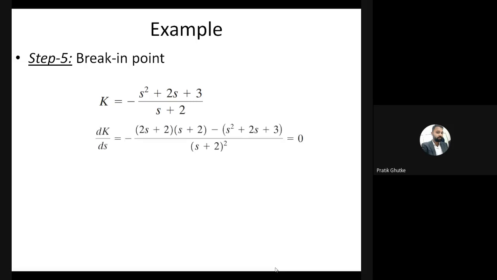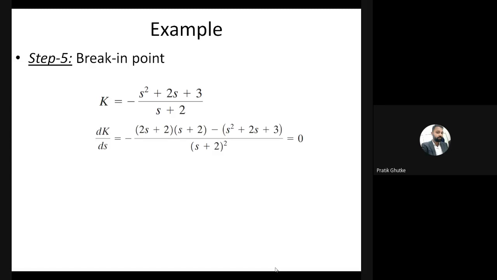Now do the derivative, that is dk by ds. So what is the derivative of u by v? Derivative of u minus derivative of v divided by v square. Like that only: numerator derivative keeping denominator constant, and then numerator constant keeping denominator derivative, divided by denominator whole square.